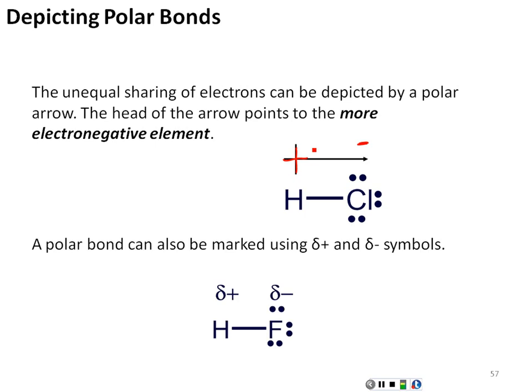And you can also show a polar bond using these lowercase delta plus and delta minus. What that means is that there is a partial charge. It's not a full charge. This isn't an ionic bond or an ionic compound. These are only partially positive or partially negative charges.